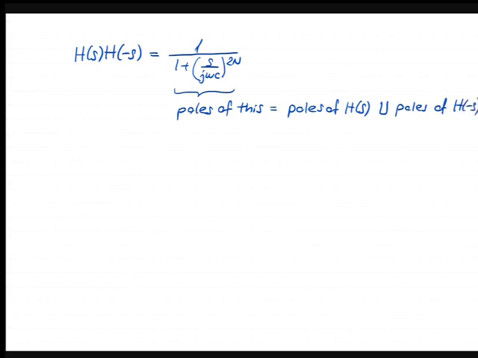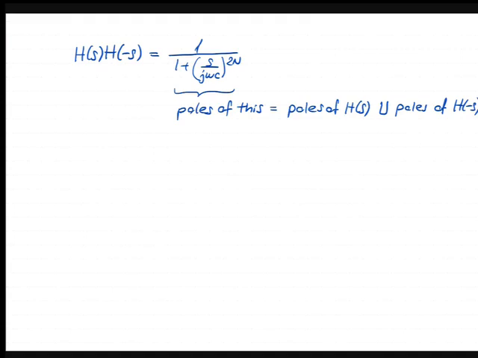So the right-hand side has the poles of h of s combined with the poles of h of negative s. And of course, these poles are mirror images of each other relative to the imaginary axis, because h of s, h of negative s, you flip the sign, you get the other pole.